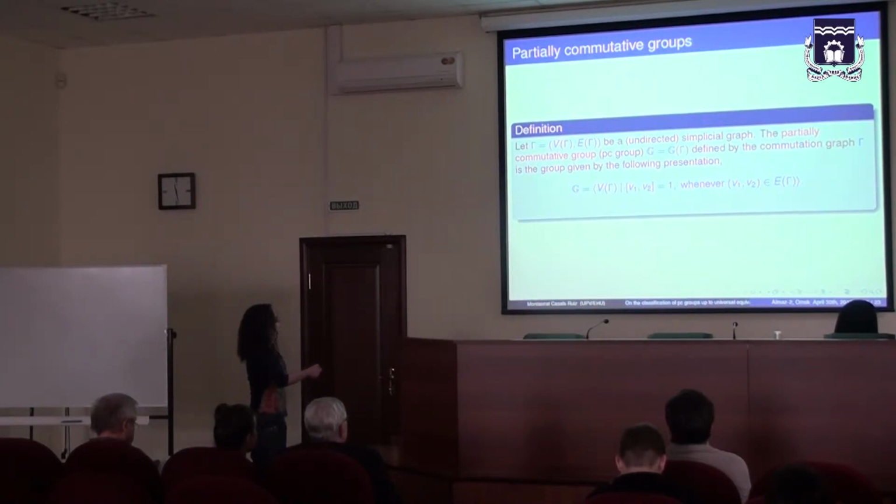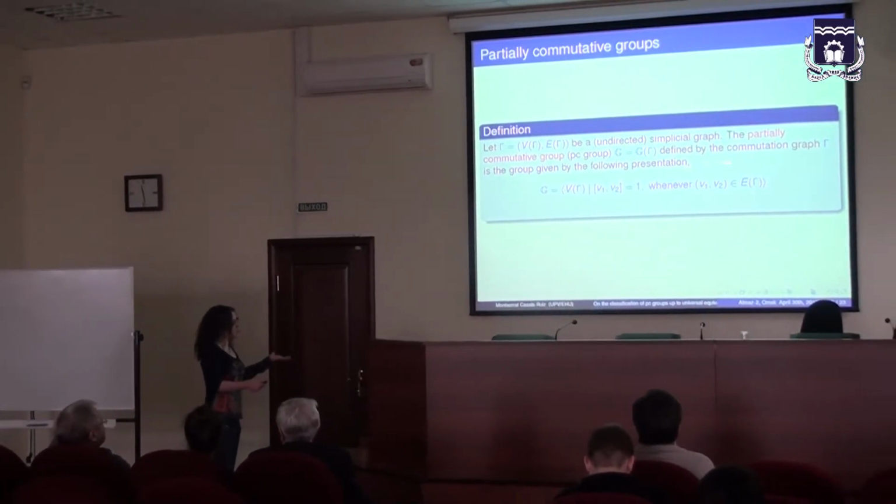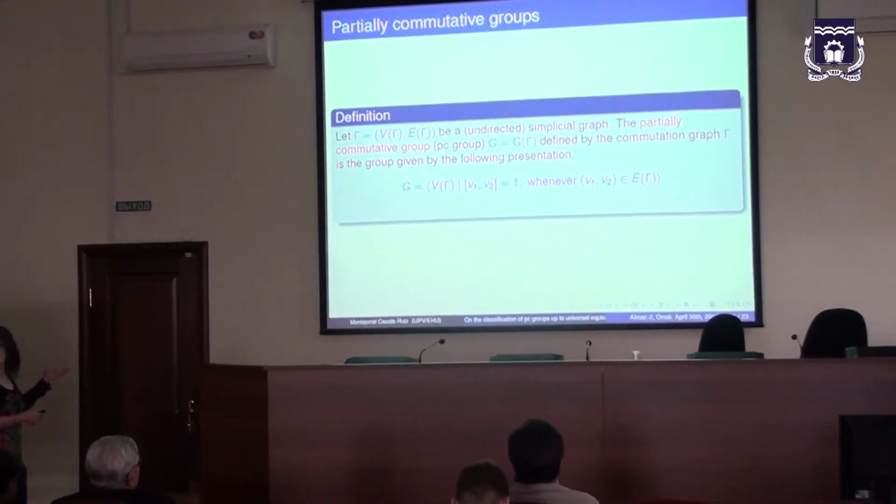We put in one-to-one correspondence vertices of the graph with generators of the group, and then we take a convention. We say, for instance, two generators commute if and only if there is an edge in the graph. If I take this convention, I'm going to say that this is the commutation graph of the presentation. If I take the other convention, say that two generators do not commute if there is an edge, then I'm going to give you the non-commutation graph.